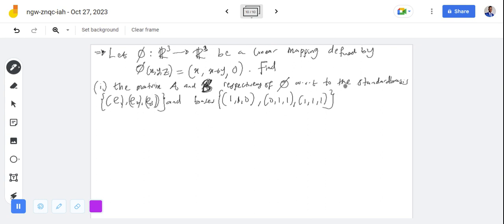Okay. Hence, as usual now, the last one. I think this is just find the matrix. Everything is together.